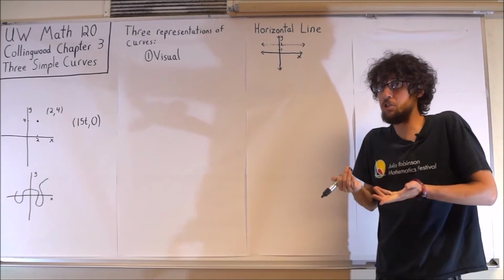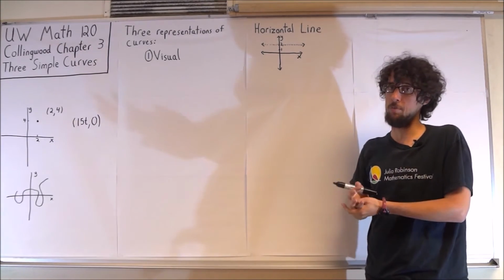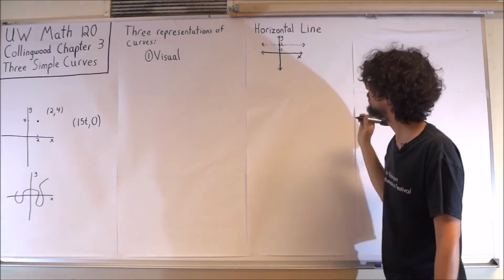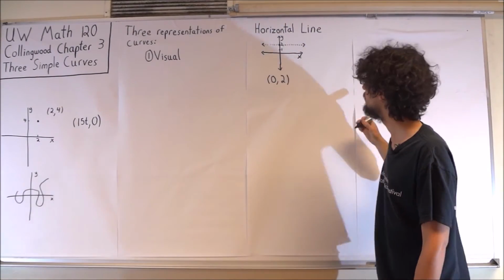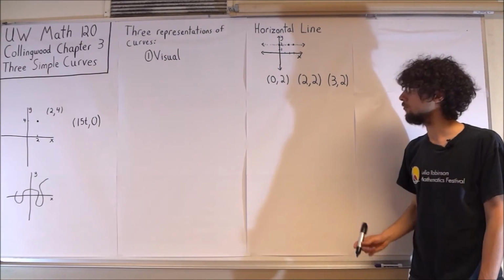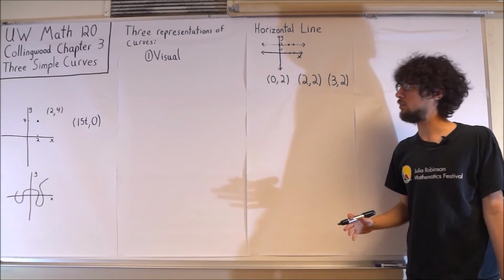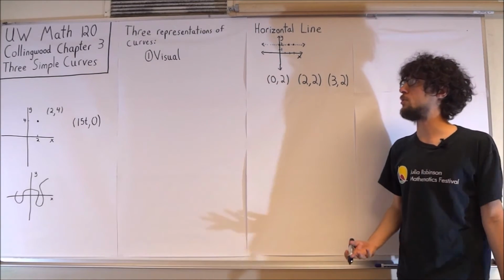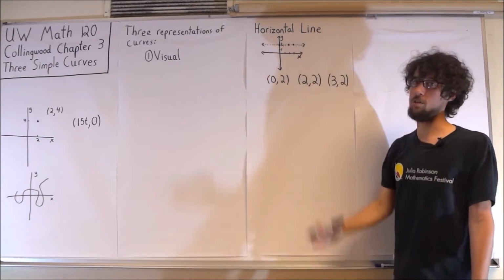Well, using the vocabulary we developed in Chapter 2, I could certainly specify some points on this line. I've written 3 points on this line. And using these 3 points on this line, I'm going to give 2 more representations of this horizontal line here.